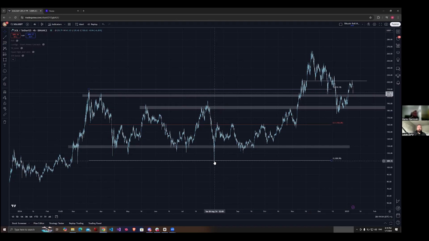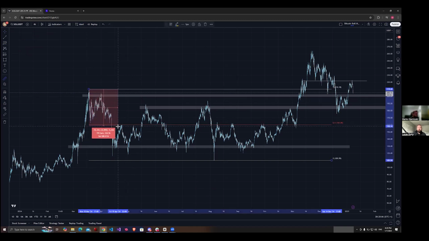Then we have a representation of the 0.5. The 0.5 is just the 50% of this range. So whenever Solana moves from here to here, it's about 50%.